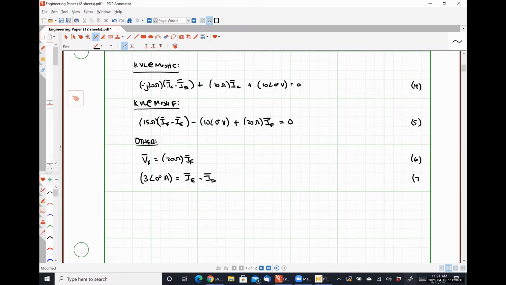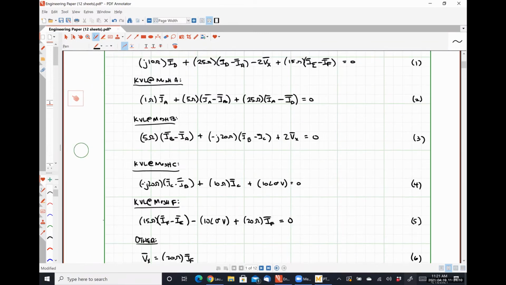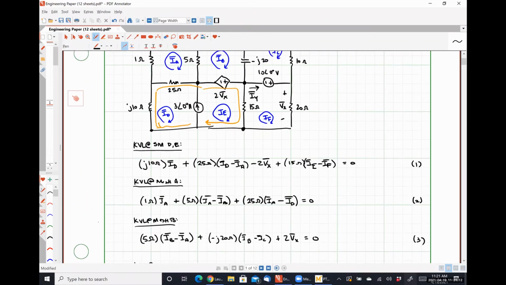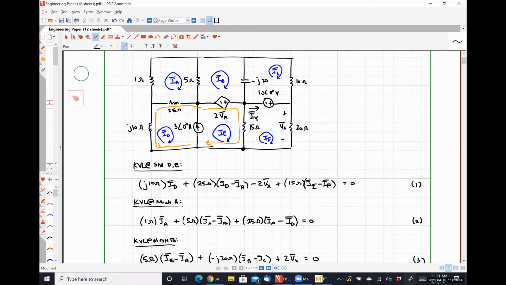And that's number 7. Okay, while we're at it, since we're going to be using a computer to solve this dumb thing, we can develop a relationship to figure out what IY is as well, just using our mesh currents, right? So let's go ahead and do that. What's IY going to be? Yeah, IF minus IC.